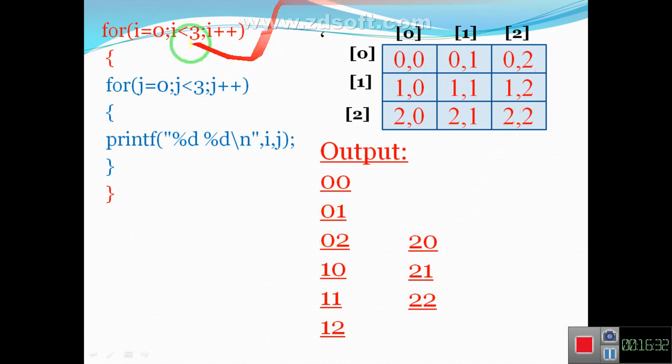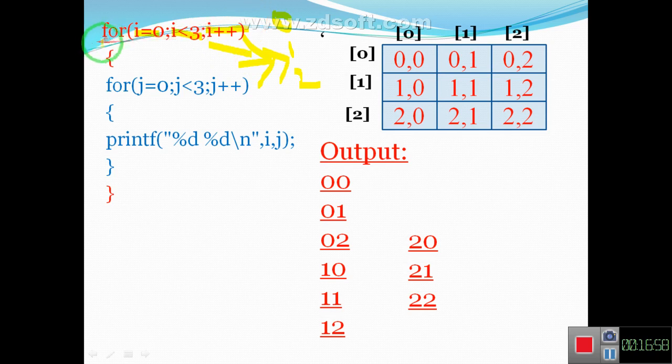You can see the first for loop, i equal to 0, i less than 3, i plus plus. This for loop will generate 0, 1, 2. Similarly, j equal to 0, j less than 3, j plus plus. This for loop also generates the same 3 numbers.